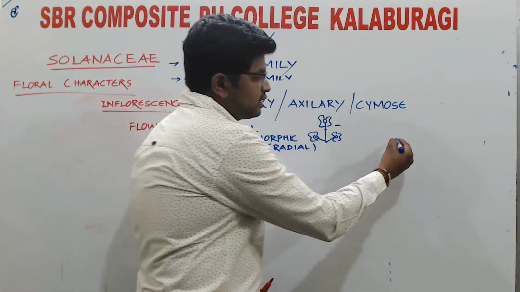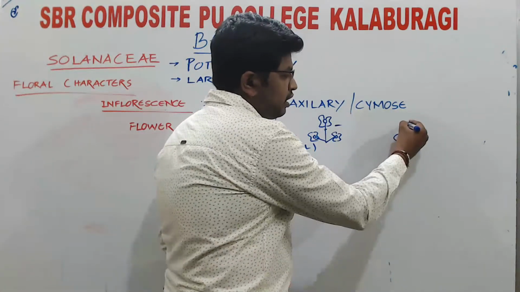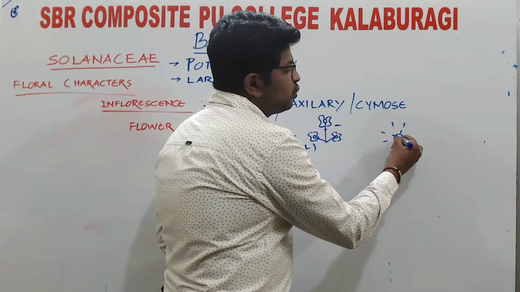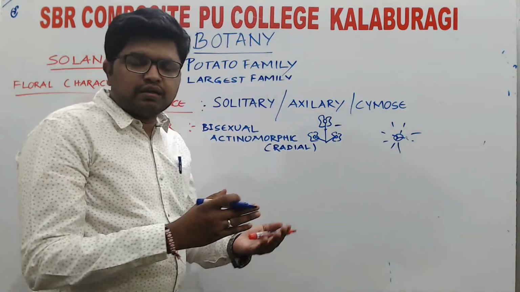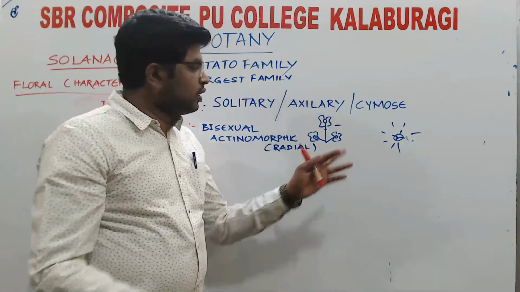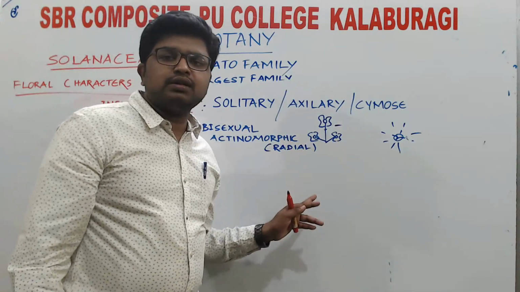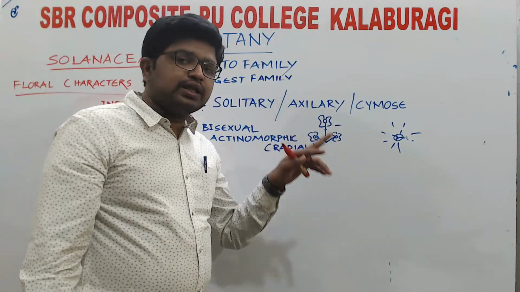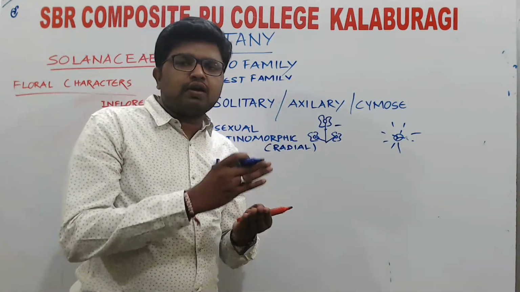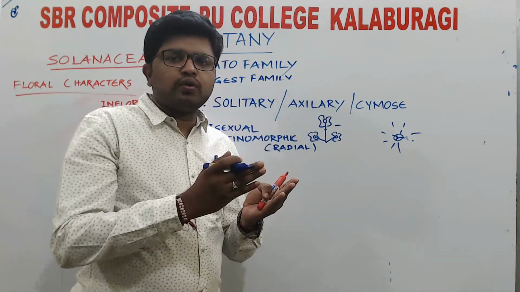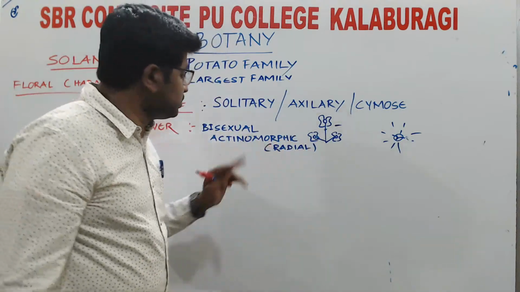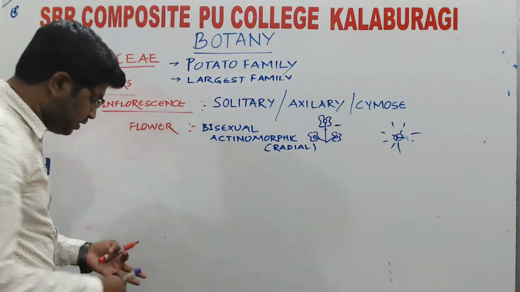If you cut the flower in any direction, in any radial plane, it should give you two equal halves. So the flowers of the members of Solanaceae show radial symmetry. If you cut a flower of Solanaceae in any direction, you will get two equal halves. Such we call actinomorphic.